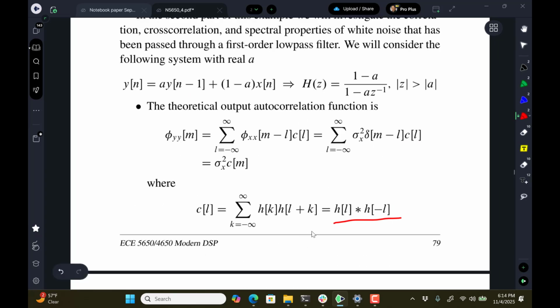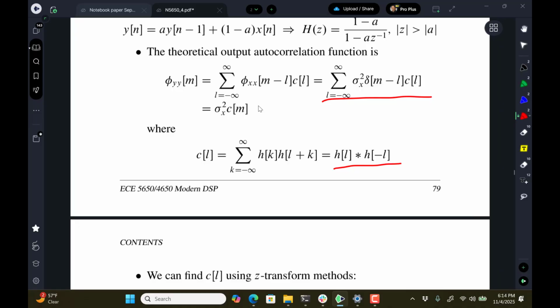And the cool thing about this is, because the autocorrelation function is white going in, what I don't explain intimately is that this just becomes the variance of the white noise, and then you've got the delta of M minus L. So what happens there is that the convolution sum just disappears, because only when L is equal to M does it do anything, because the delta is turned off.